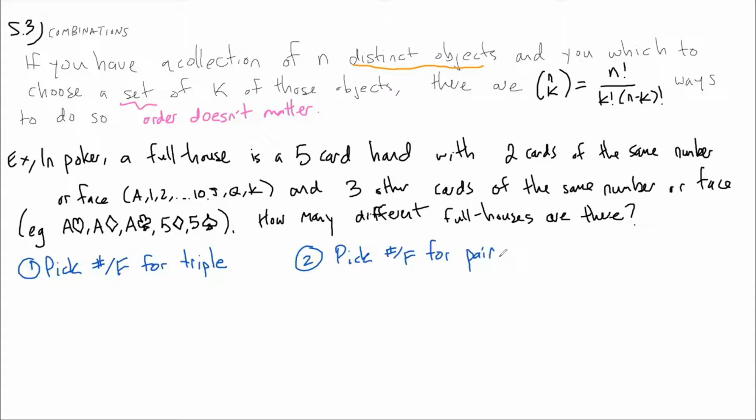And those 2 things are distinguished. The triple is different from the pair, so that's something to be mindful of. And then the action that would go between them, because I'm trying to construct one hand of cards, is I would get the triple, then I would get the pair. It's definitely not exclusive. It's a then, not an or.